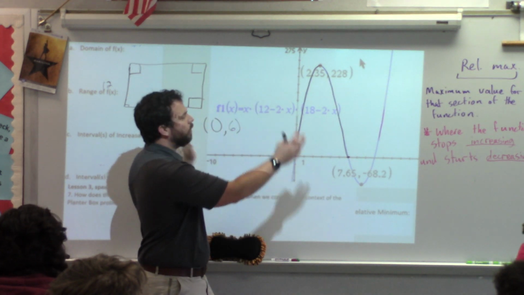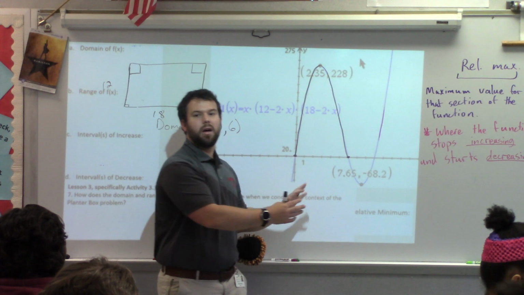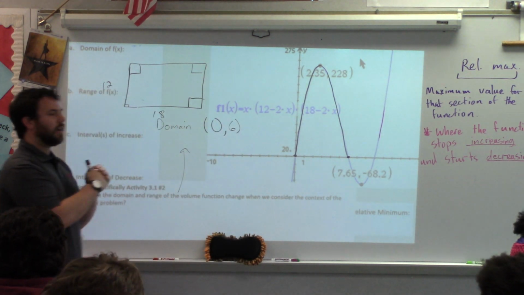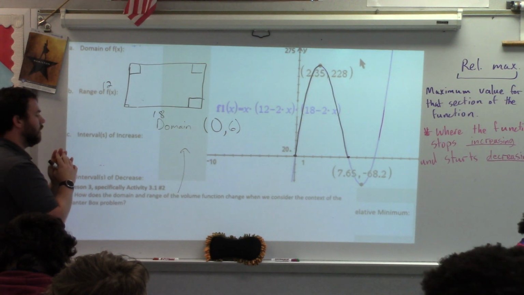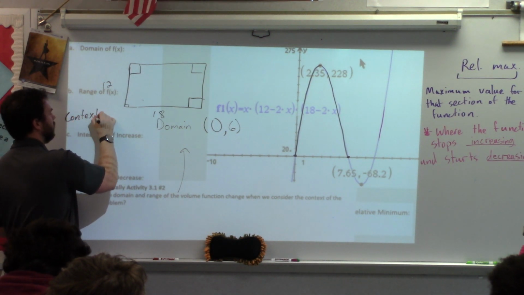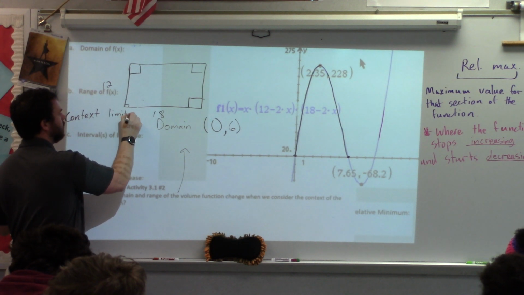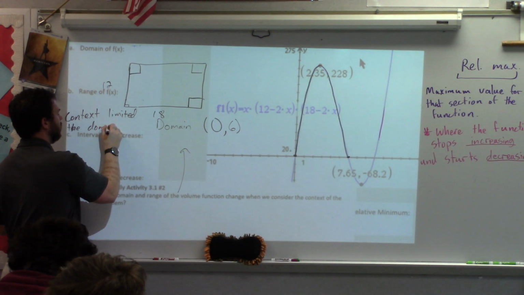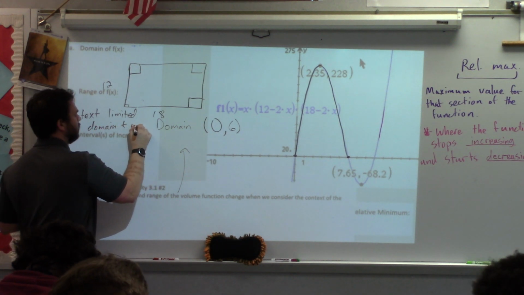So that context, right? We have this whole function for everything possible in relation, but when we consider the context, that context limited the domain and range.